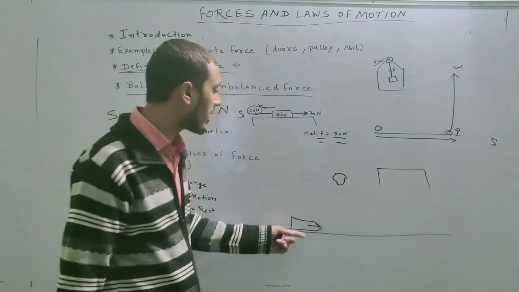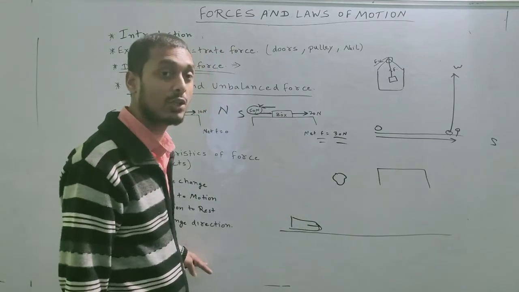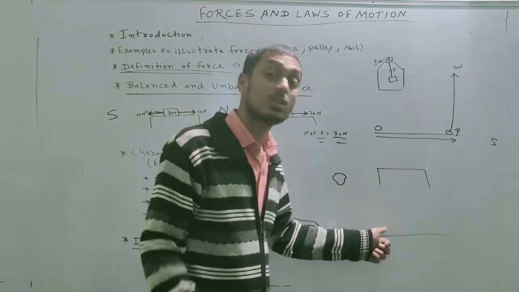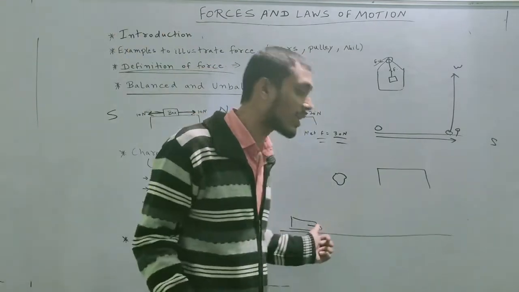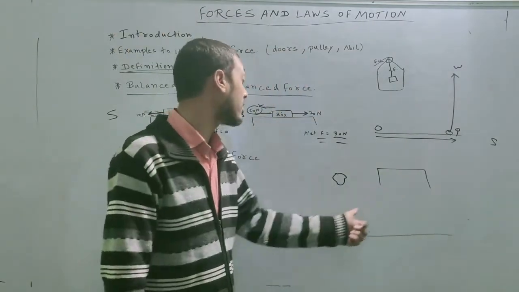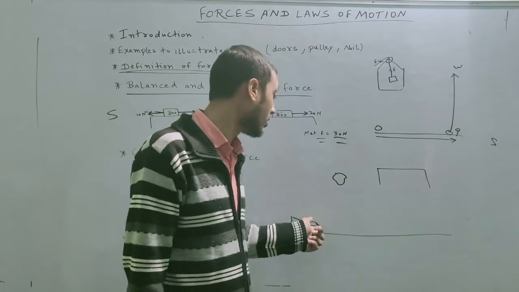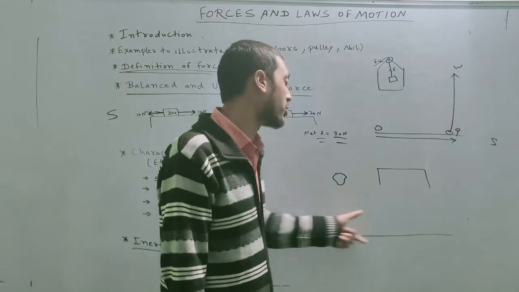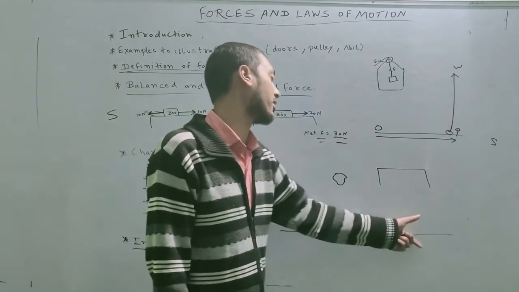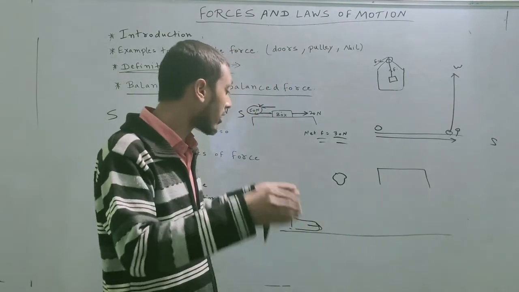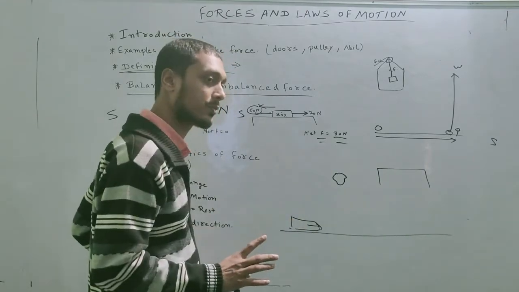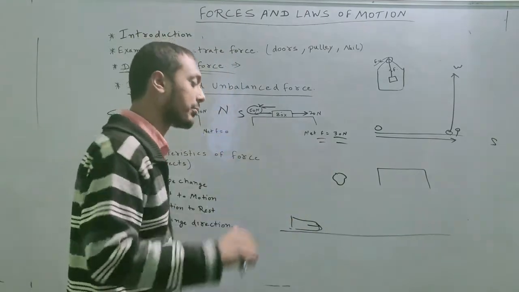Then according to inertia, according to physics, this bicycle will be in motion forever and ever. It will never stop unless some external force is applied on it. It will maintain its situation, means it will retain its state of motion. This is inertia.